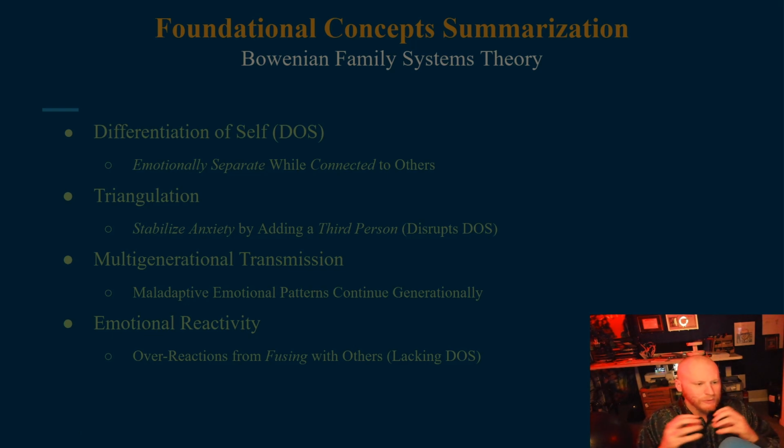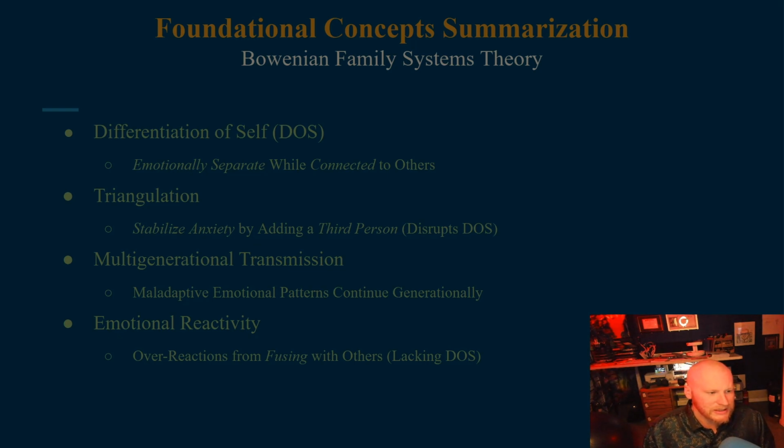So they can't really have a one-to-one interaction. They have to negotiate when there's others that are kind of codependently involved. And so it stabilizes their anxiety when they have other people that have to be there. But it disrupts their ability to differentiate themselves, because it forces others to be a part of their interpersonal communication. So it kind of disrupts that dyad from happening.